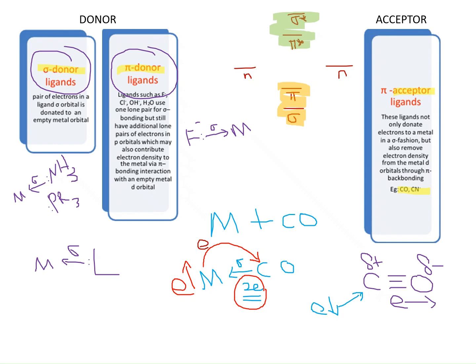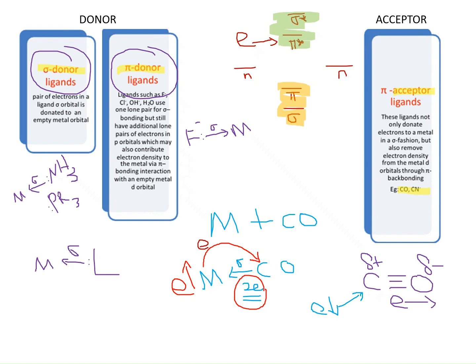This electron coming from the metal d orbital cannot occupy the bonding or non-bonding anymore. They have no choice, so they have to occupy the anti-bonding state. Between the sigma star and the pi star, the pi star is the lower energy state among the anti-bonding energy states, okay? So this electron will occupy the pi star state. It will go here.